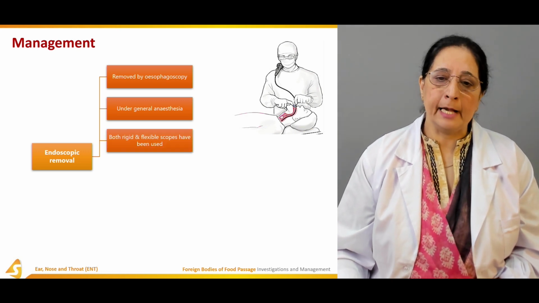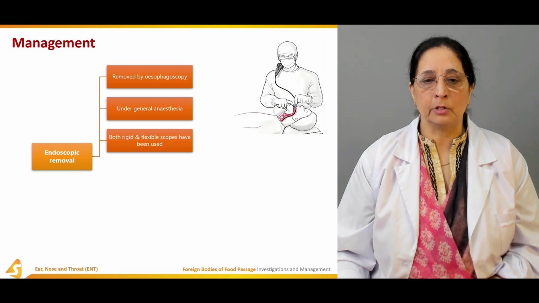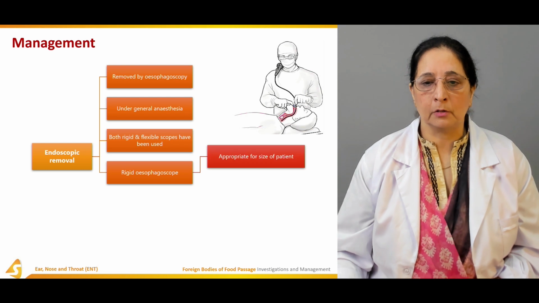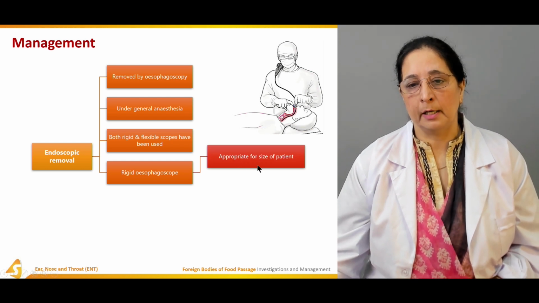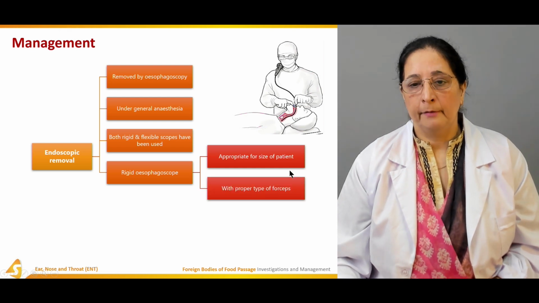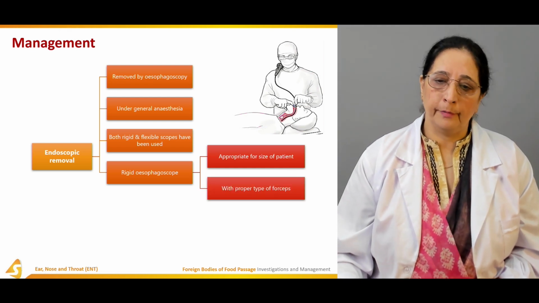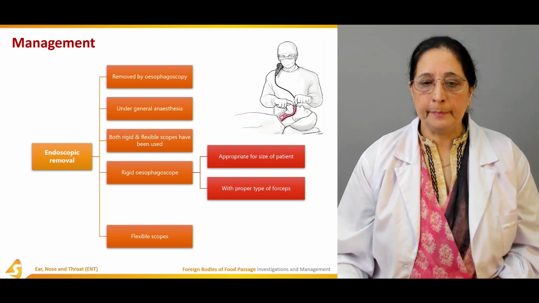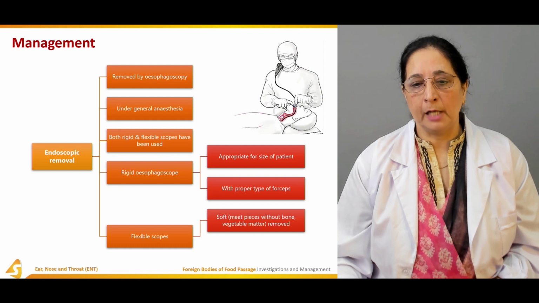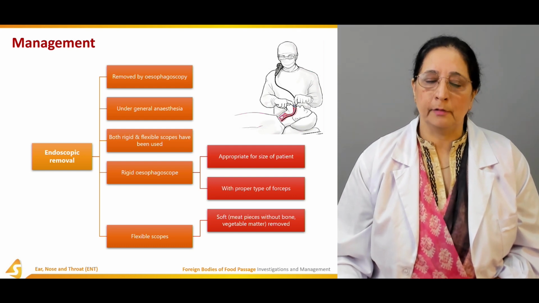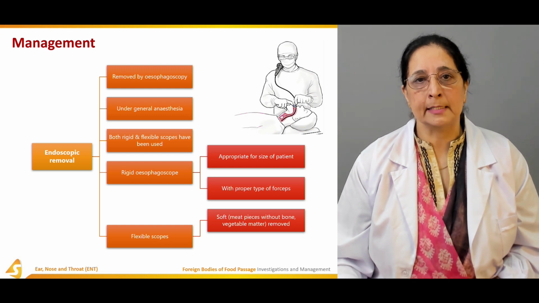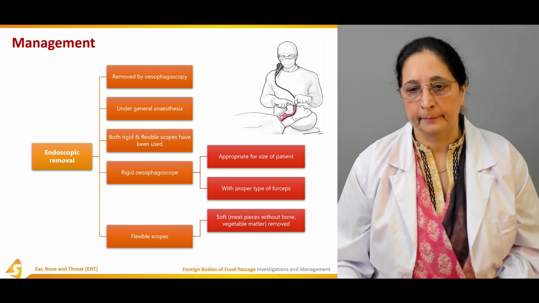Both rigid and flexible endoscopes can be used. A rigid esophagoscope is chosen appropriate for the size of the patient. Flexible scopes: soft meat pieces without bone, and vegetable matter are removed with the flexible endoscope or flexible esophagoscope.